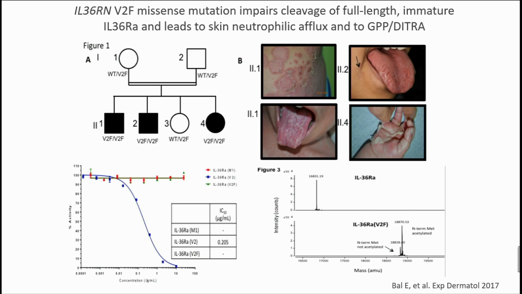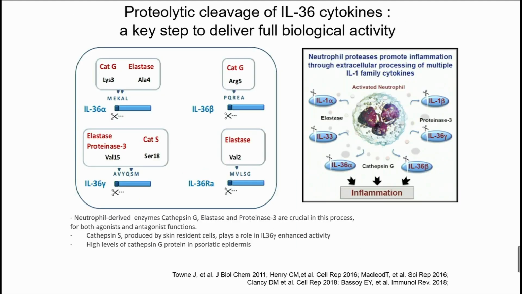And on the right-hand side, you can see the mass spectrometry on the lower part of the slide, there is basically a retention of the high molecular weight form, showing no cleavage in the presence of the cleaving enzyme of the mature form of the IL-36 receptor antagonist.